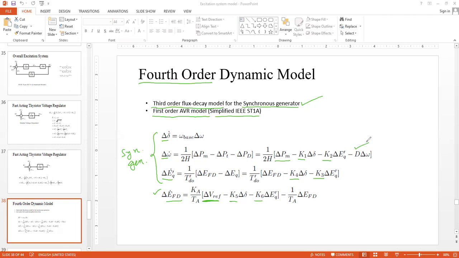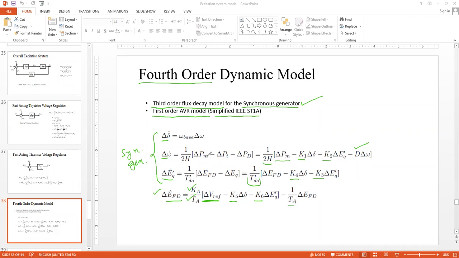And we have the damping factor, capital D. And also we have some system parameters like the d-axis time constant, the inertia constant, and the exciter gain or voltage regulator gain and time constant.